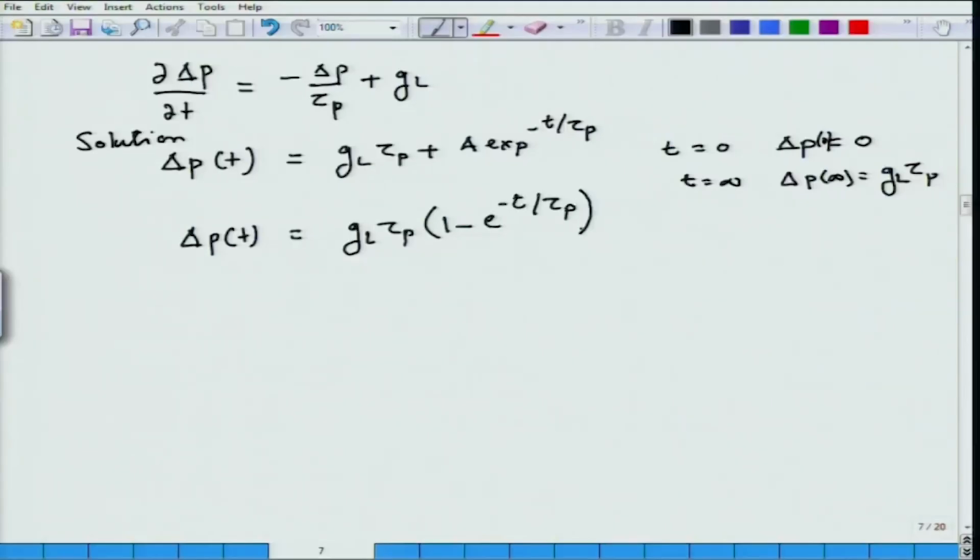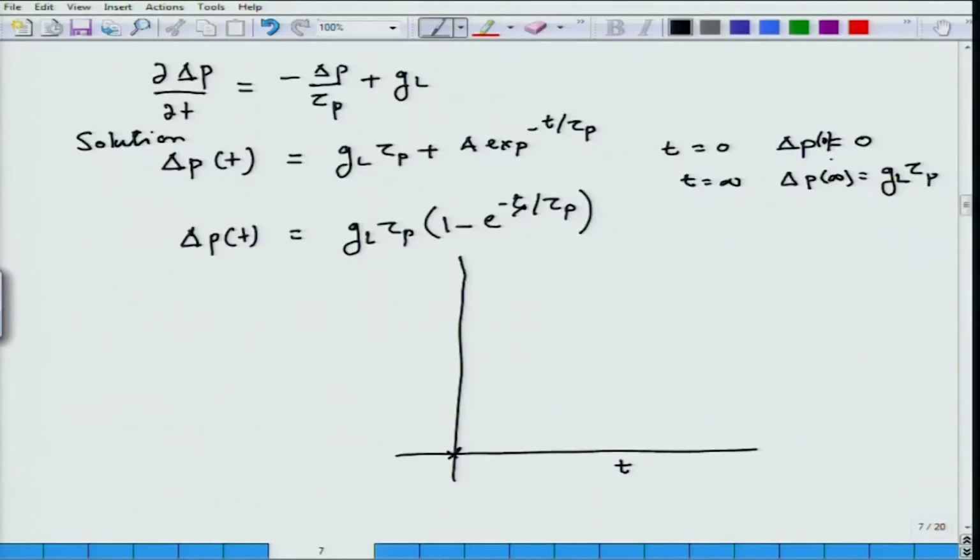and this will give us an expression of G L tau p times 1 minus exponential minus t over tau p. If we try to plot what is happening in this system as a function of time t, you can immediately see that if t is 0, then 1 minus 1 is 0, there are no carriers.